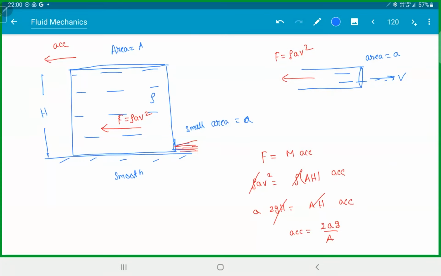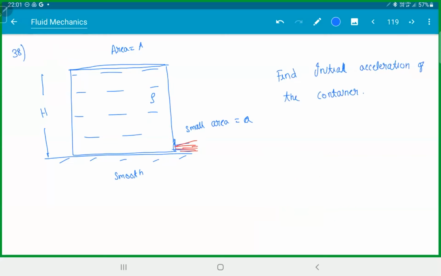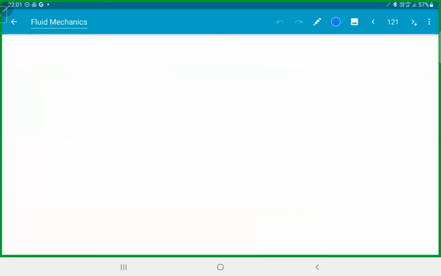Next thing. If you tilt it, maybe mg sin theta will also come in and might affect it. Possible. So that's about velocity of efflux.